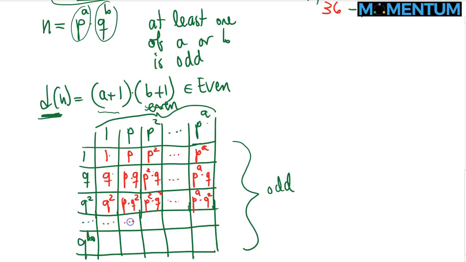Okay, so one more: q to the b, p times q to the b, p squared times q to the b, and finally p to the a times q to the b.